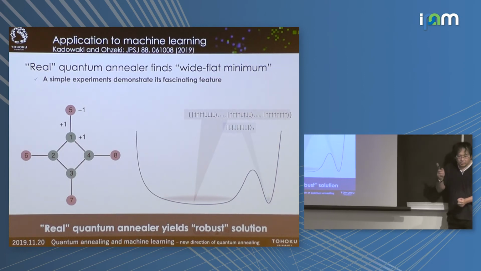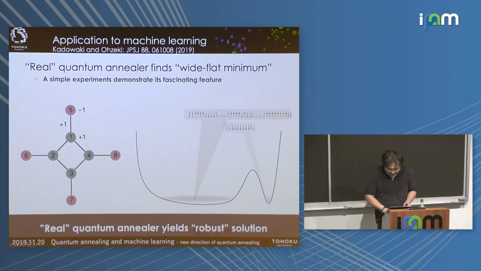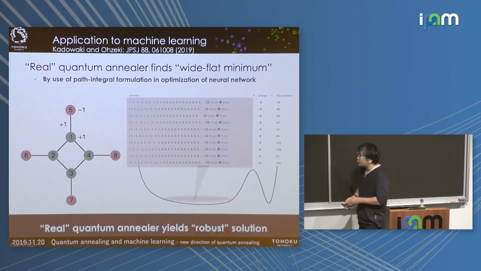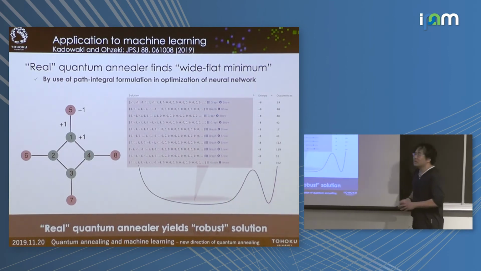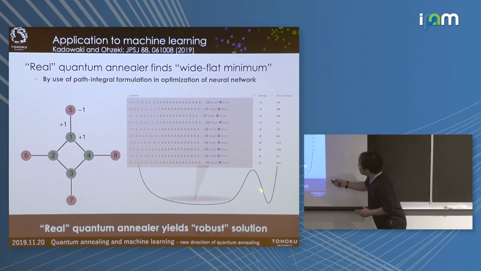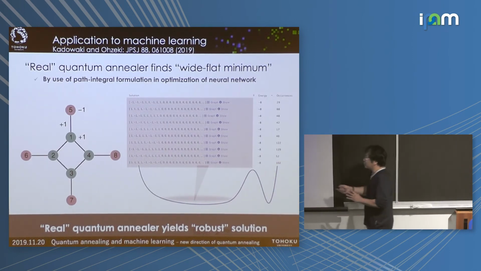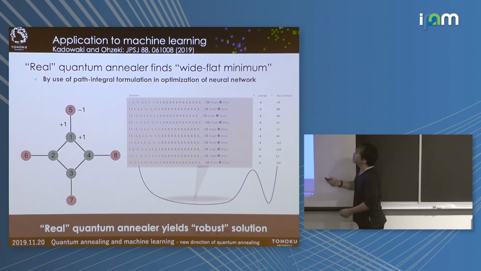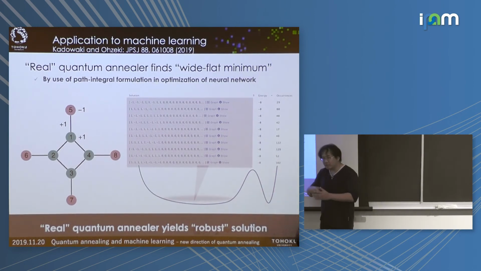Let us perform the quantum annealing on the hardware. The solution is located here. A local sharp minimum does not exist in the output of the quantum annealer. That means quantum annealing is affected by the thermal effect, but mainly by the quantum fluctuation.